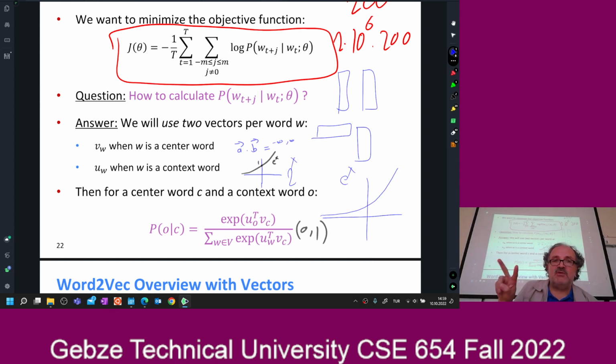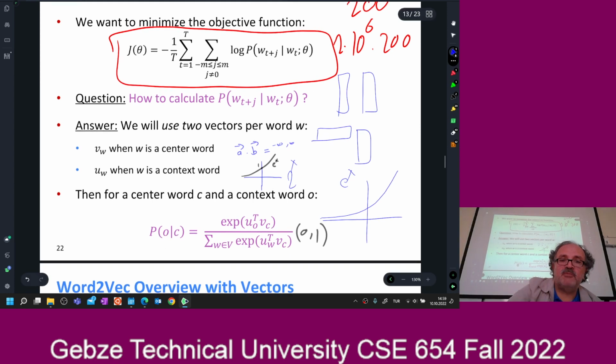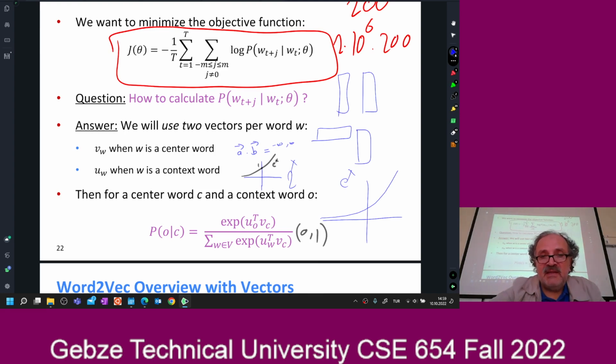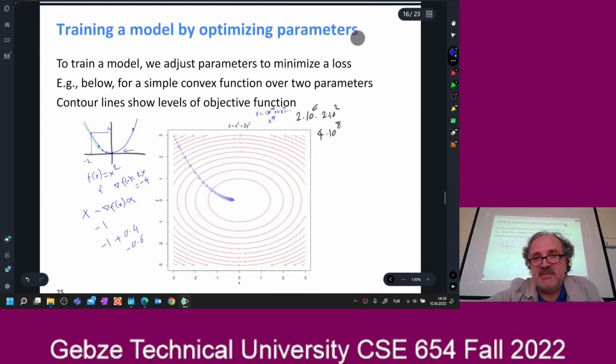You are going to assign two vectors: one vector for that word as a center, and the other one for the context. Two vectors for each of them. And if you put them back, you will get your probabilities like that. There are a few things that you can do to make this optimization.